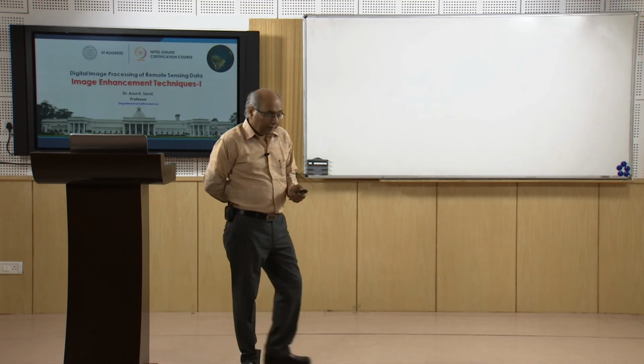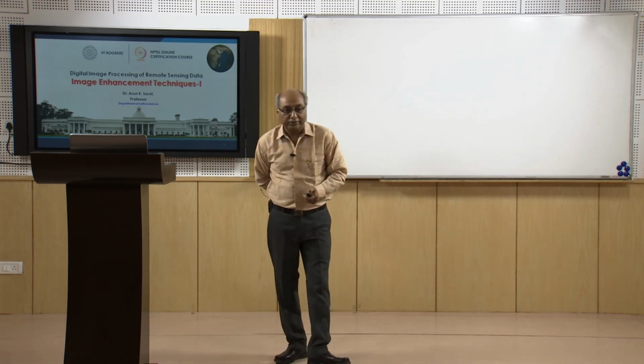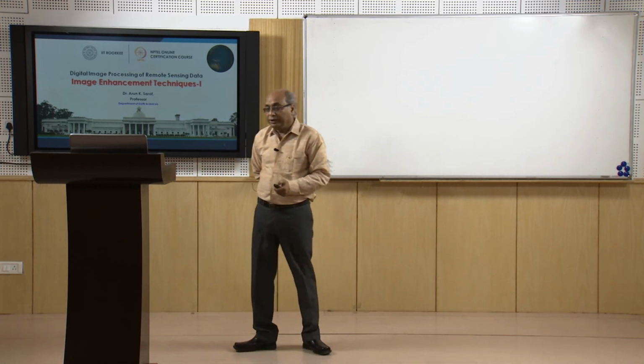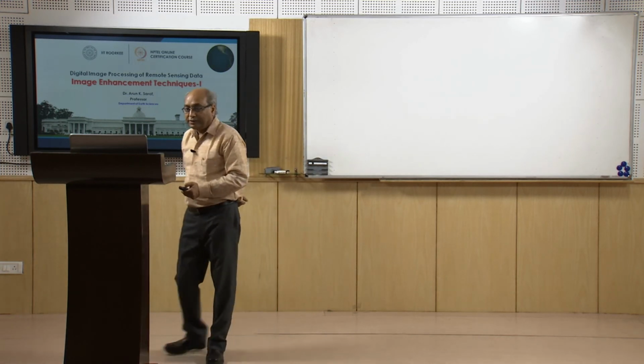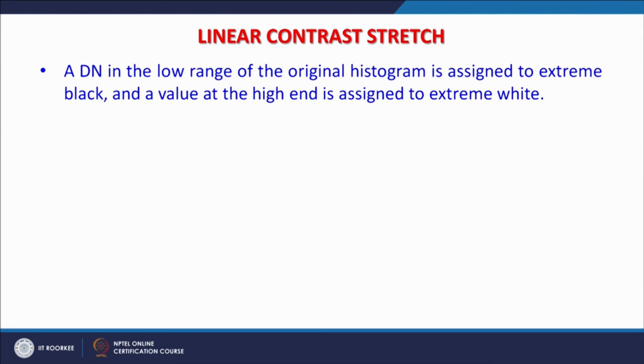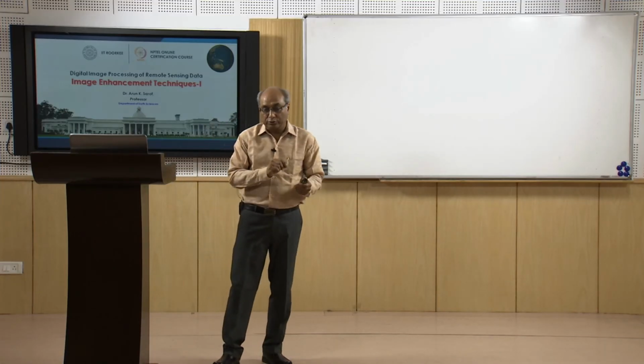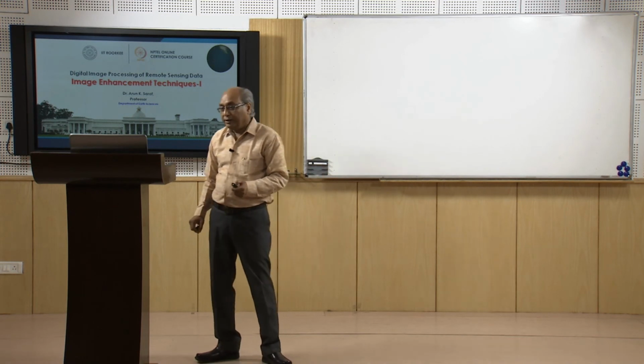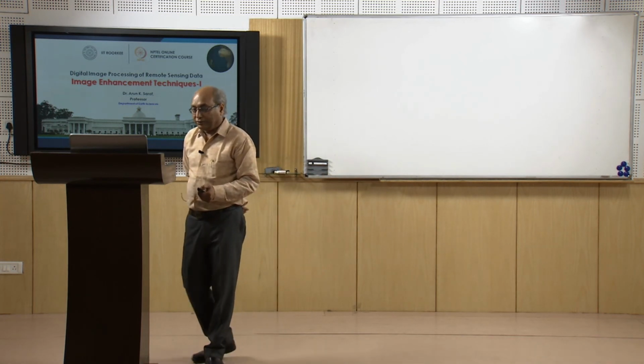First we will take the linear contrast stretch, which is based on the linear concept that a digital number or pixel value in the low range of the original histogram is assigned to extreme black, the value at the high end is assigned to extreme white, and the rest of the values are distributed linearly in between. This is the simple linear contrast stretch.